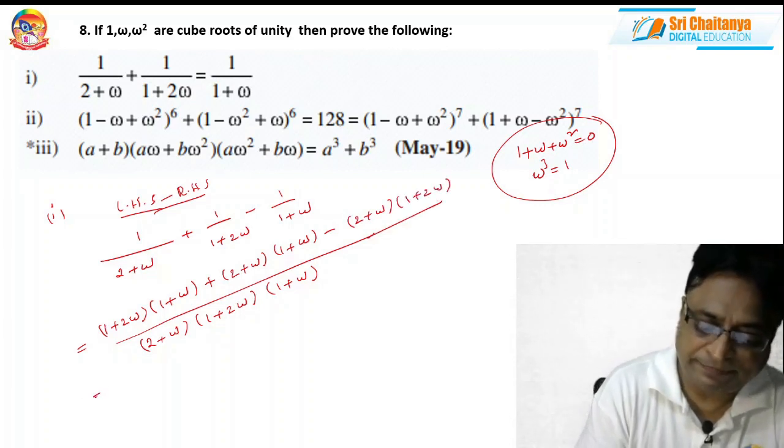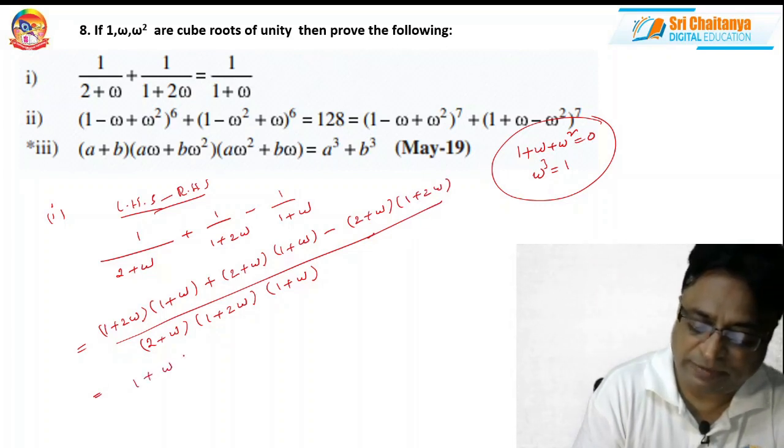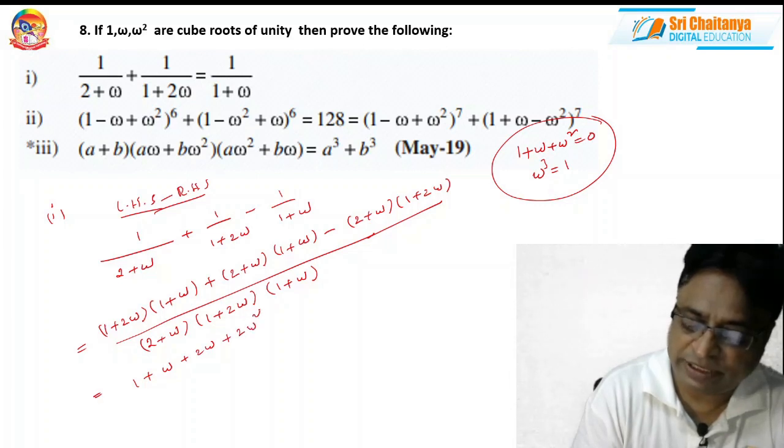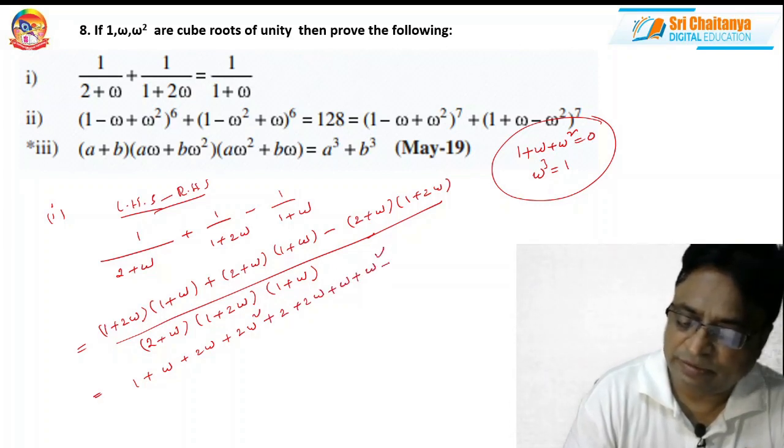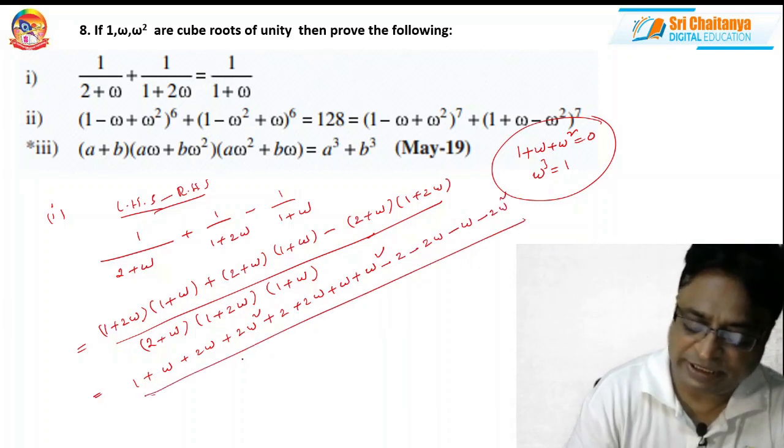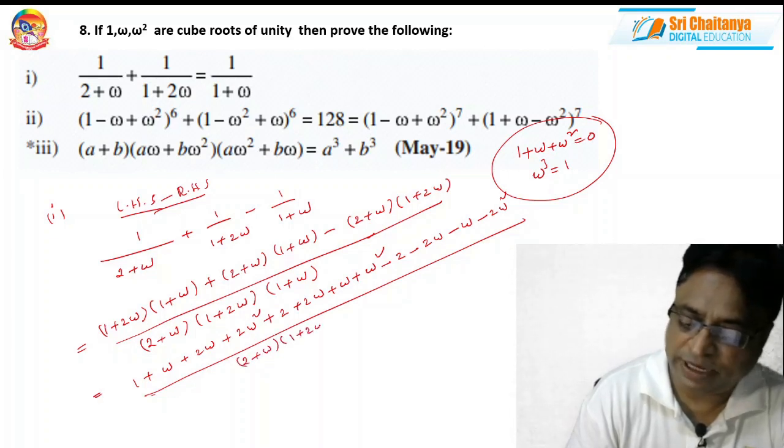Now multiply. This is 1 plus omega plus 2 omega plus 2 omega square plus 2 plus 2 omega plus omega plus omega square minus 2 minus 4 omega minus omega minus 2 omega square, over the denominator 2 plus omega, 1 plus 2 omega, 1 plus omega.